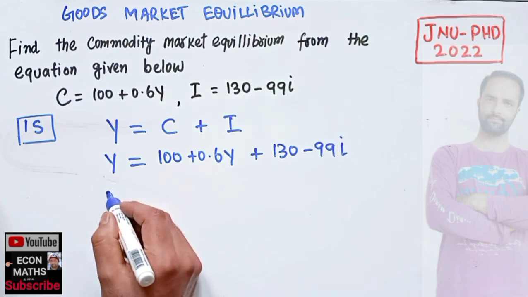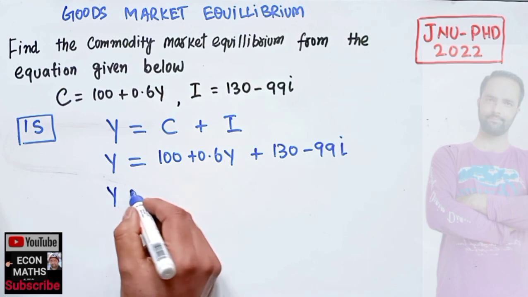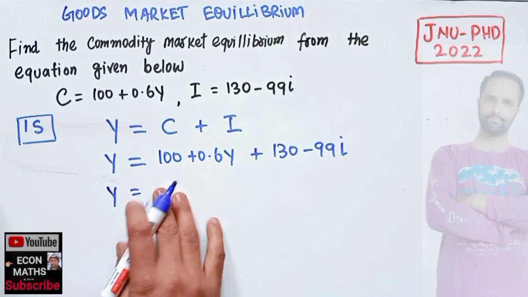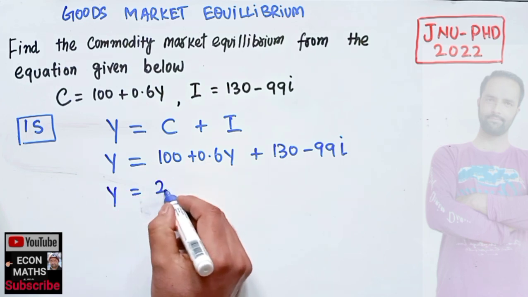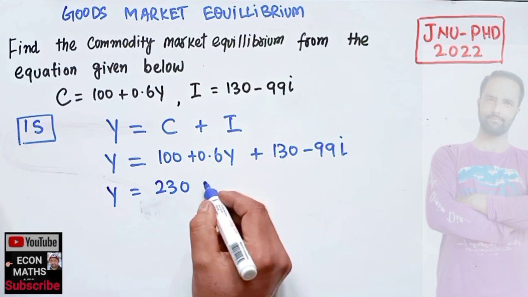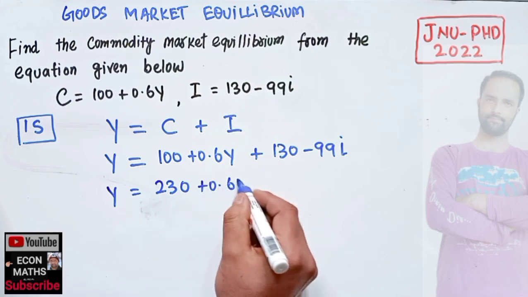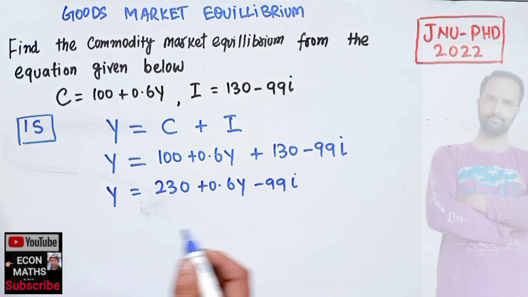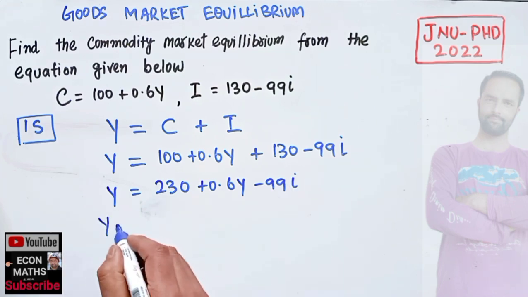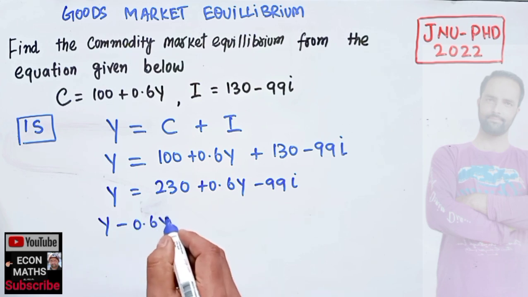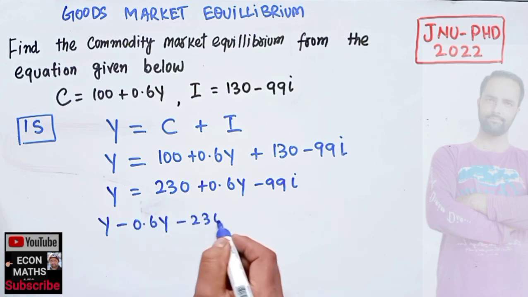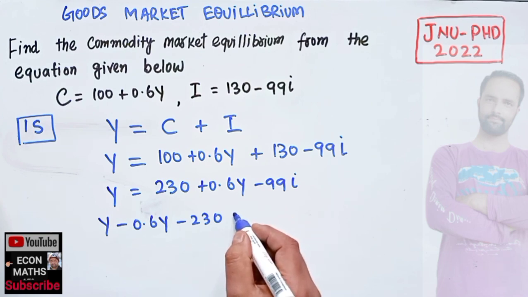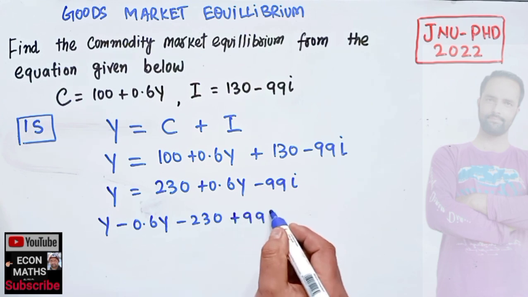So we have Y equals 100 plus 130, which comes out to be 230, plus 0.6Y minus 99i. And we can write it in this fashion: Y minus 0.6Y equals 230 minus 99i.